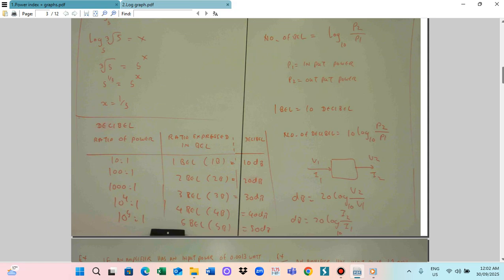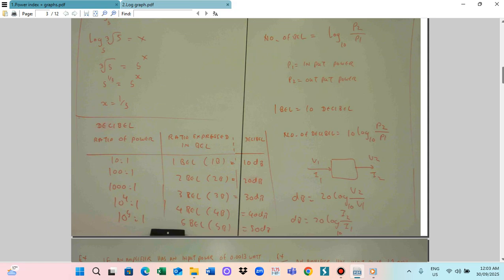So how to calculate the bel? The number of bels is equal to log 10 of P2 by P1. P1 is the input power and P2 is the output power. Say the output power is greater than the input power.